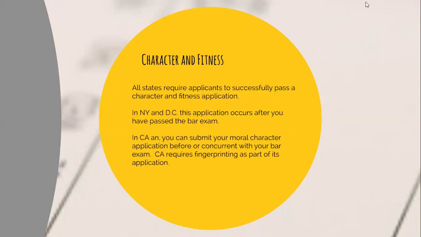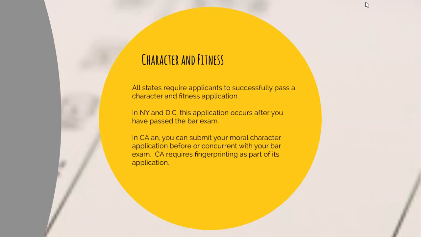So the character and fitness portion of the exam, in California, is primarily a background check. And I'm not sure exactly all of the questions that go into New York and DC or Washington State. But it's a fairly significant inquiry into your background to make sure there's no wrongdoing or crimes of moral turpitude or anything like that.